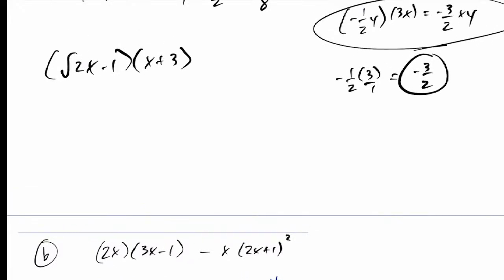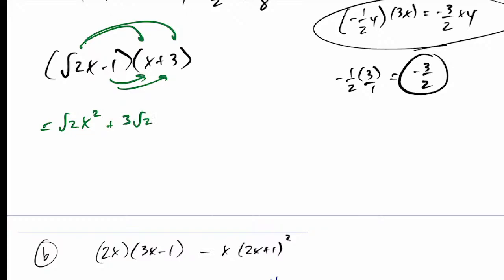So for this one, this is going to be root 2x squared plus 3 root 2x minus 3. Oh, this one came out a little more difficult than I'd give you guys, because you end up getting this thing here. These are like terms, so you have to put them together.